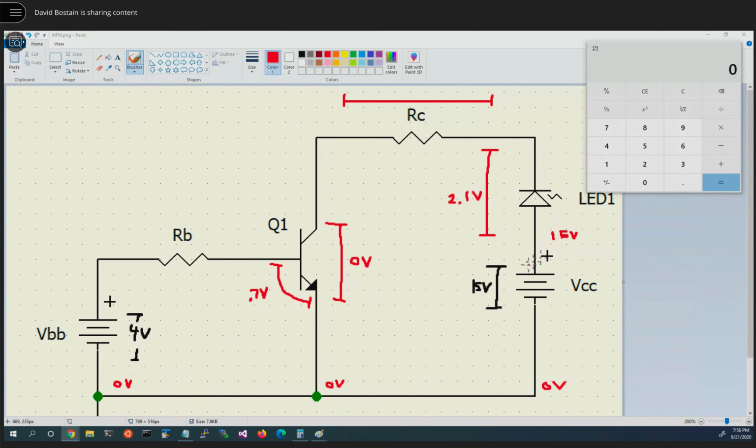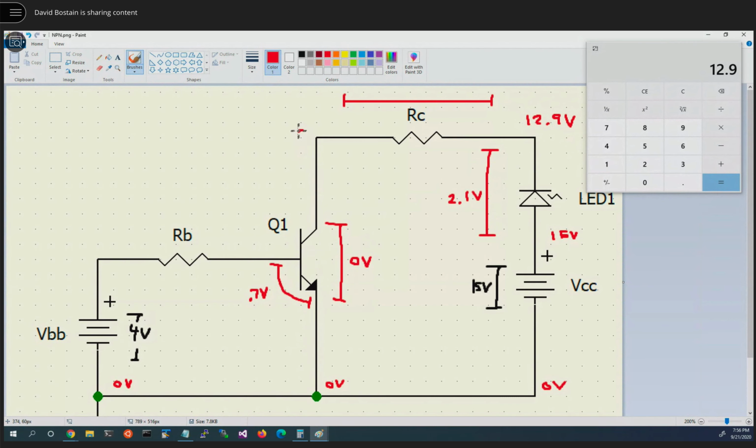Okay, well, if we were at 15 volts here and we're going to drop right across the LED, 15 minus 2.1, we're at 12.9 volts here. Now, what voltage are we as we pass over the transistor?